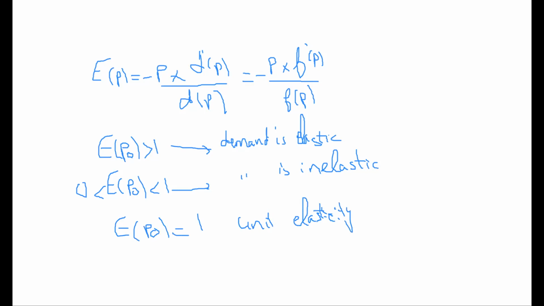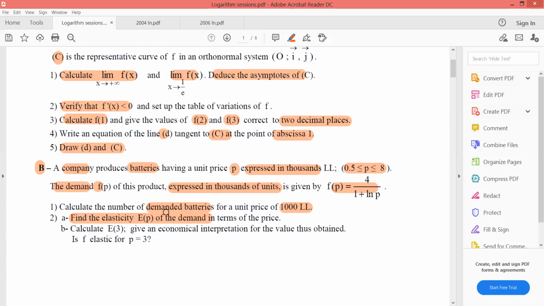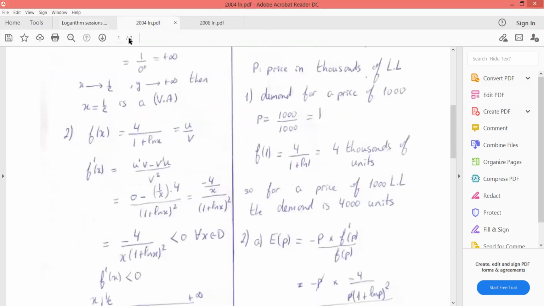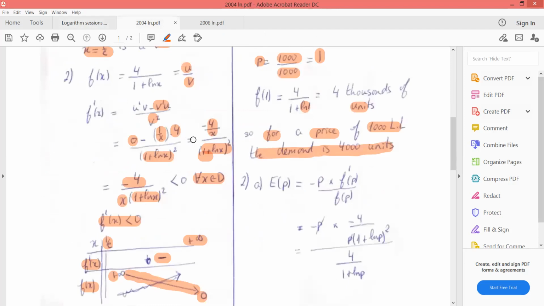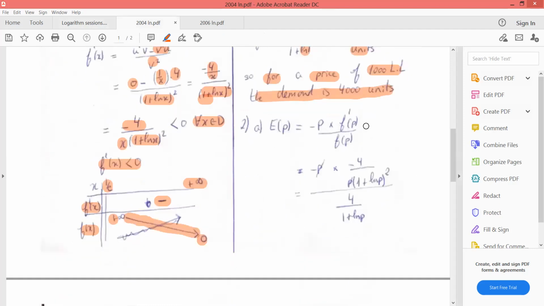Okay, here I need to calculate the elasticity of the demand, like we saw before. The elasticity is equal to minus P times F prime P over F of P. Minus P I leave as minus P times F prime P. F prime P is the derivative.